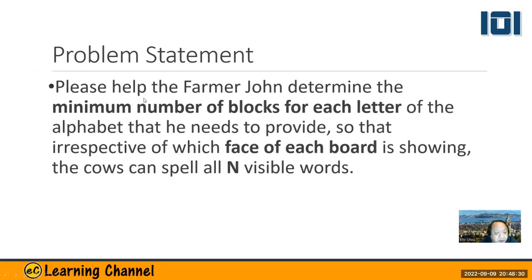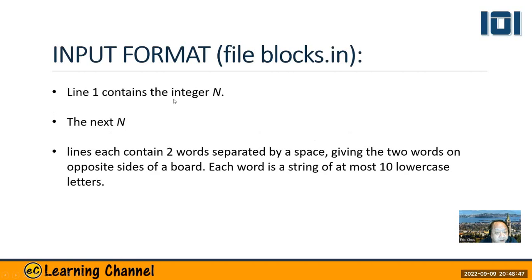It said please help Farmer Jones to determine the minimum number of blocks for each letter of the alphabet he needs to provide so that irrespective of which face on the board is shown, he can count and spell the words. The first line contains N, and then the next N lines, each one has two words.